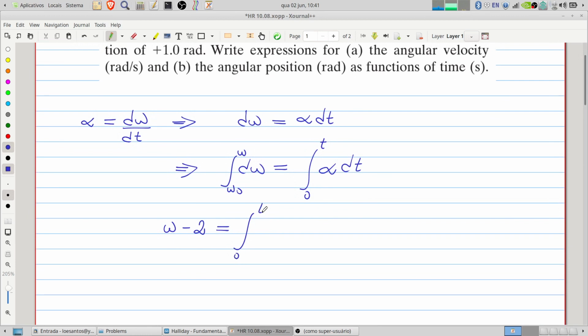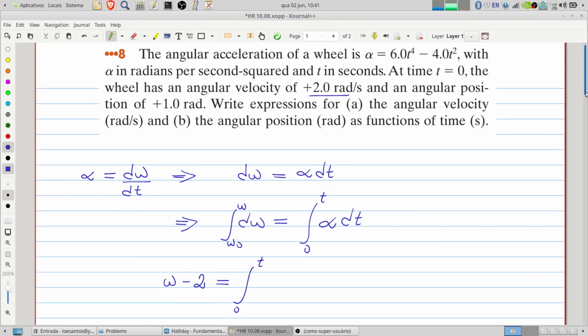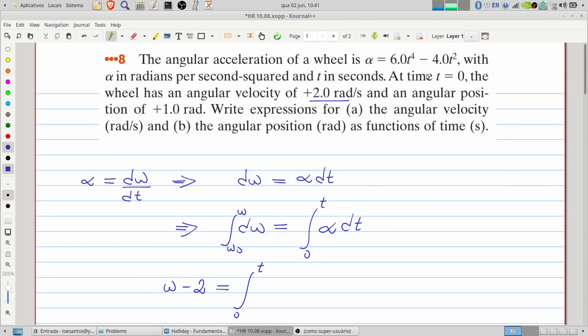That is, we have here the angular acceleration, 6 times t to the fourth minus 4 times t squared, integrated in time.